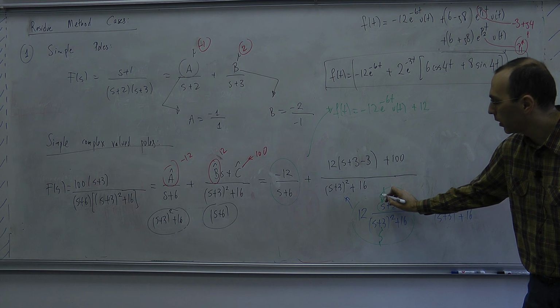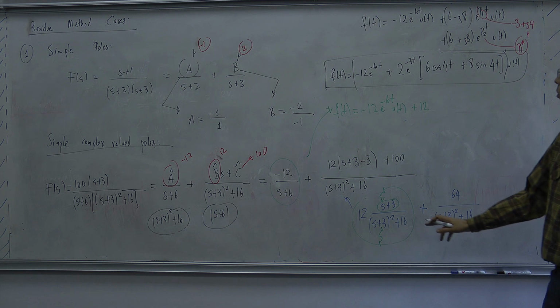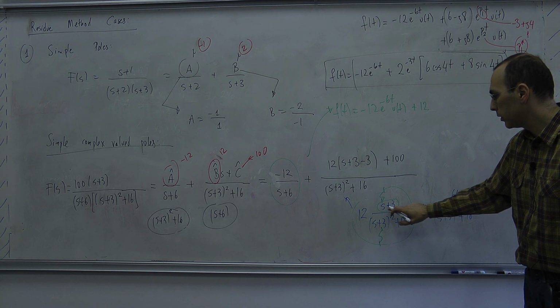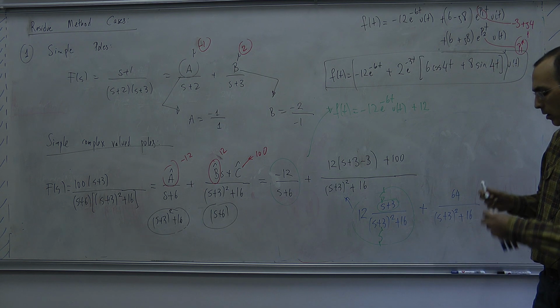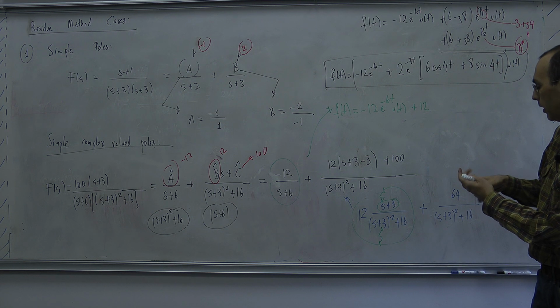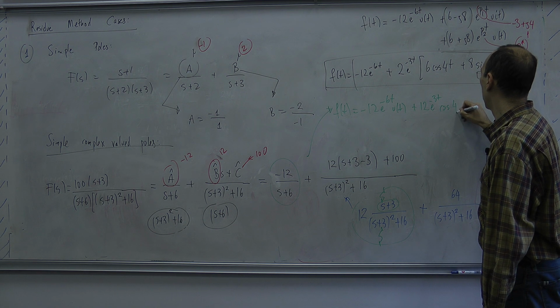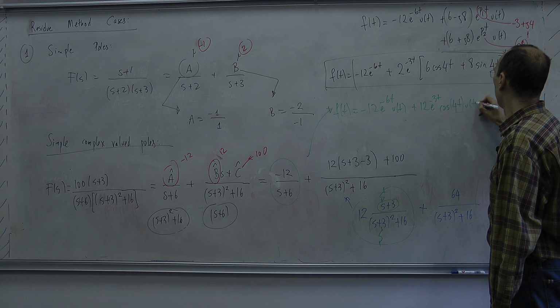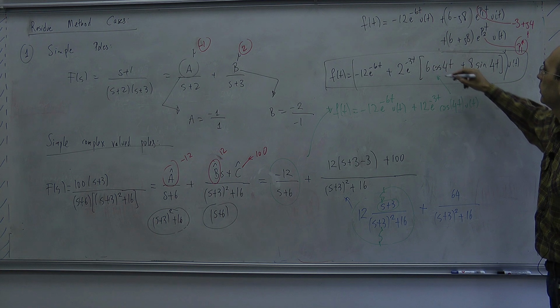So with this capital S, this is like cosine 4t. But I don't have S, but this s plus 3 instead of that. So this will be, you can recognize it as e to the minus 3t cosine 4t u(t). Okay, maybe you can compare with this.